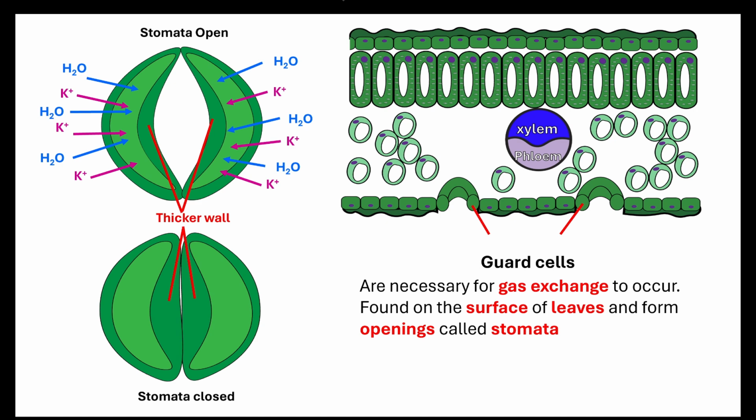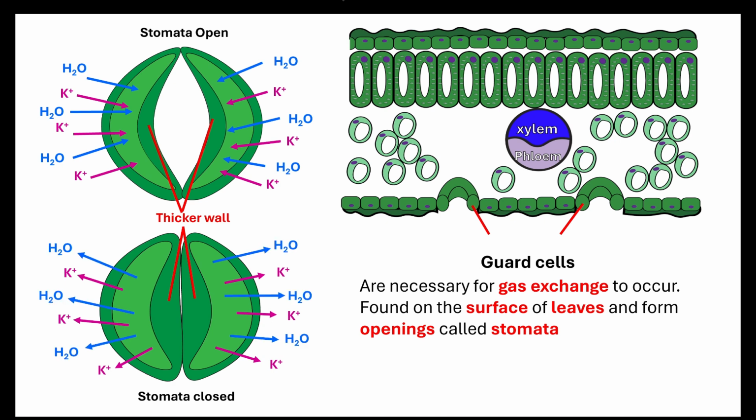So if we want to close the stomata, if, for example, there is drought, what will happen is it will be the opposite. The potassium ions are pumped out, the water will leave, and therefore the cells become more flaccid and they will close together. So it is important that you understand that these cells are differentiated in a way that allows them to carry out their function.